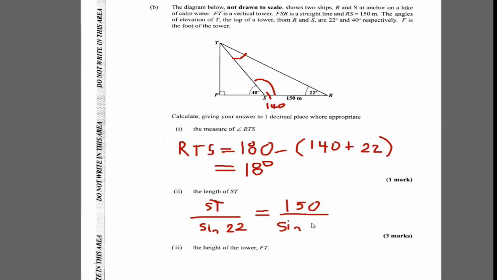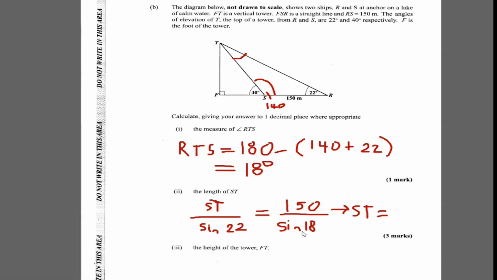We can transpose to find ST: ST is equal to sine 22 times 150 divided by the sine of 18.